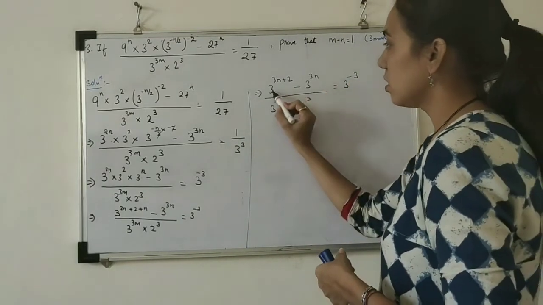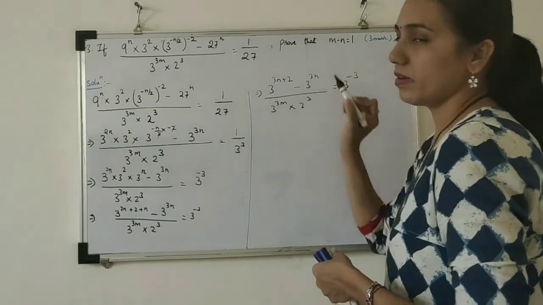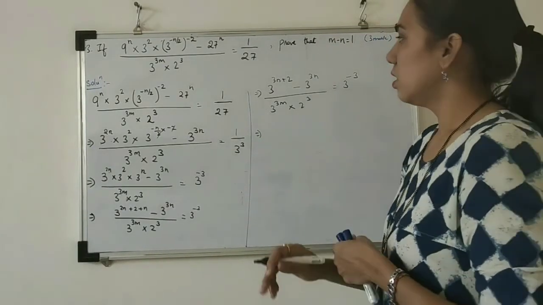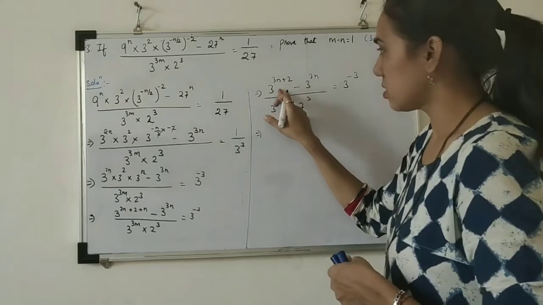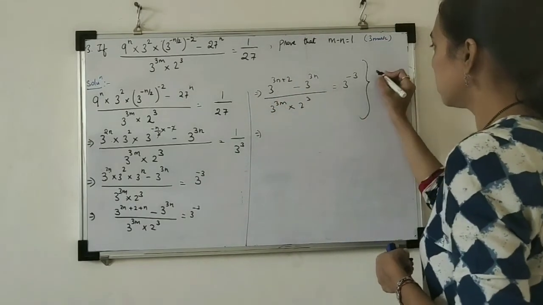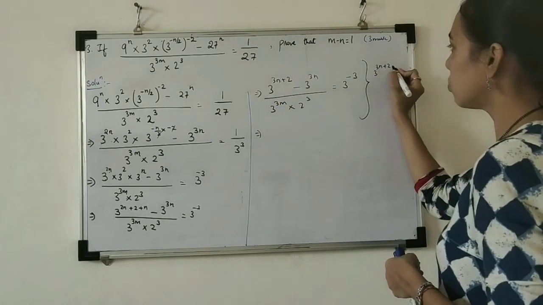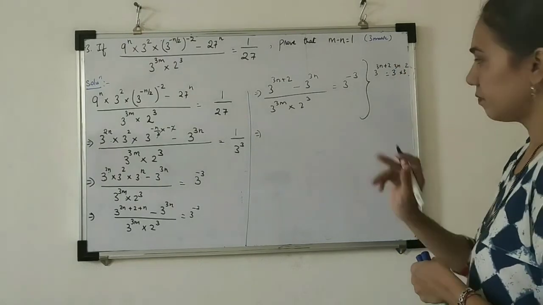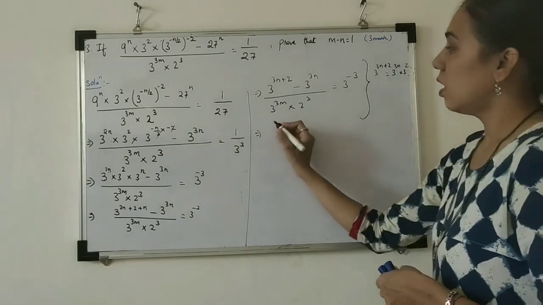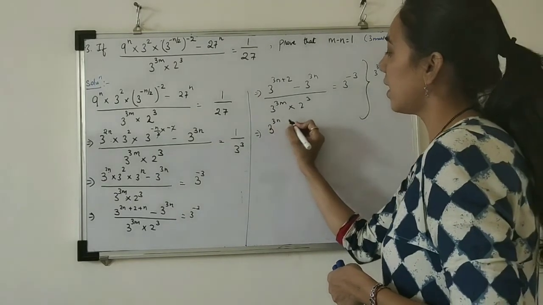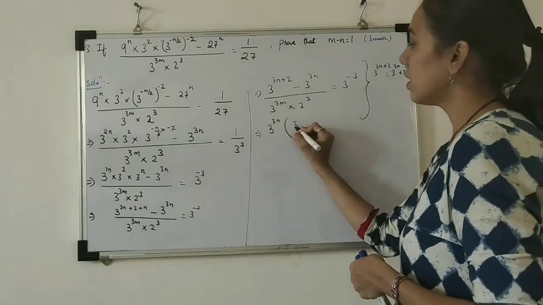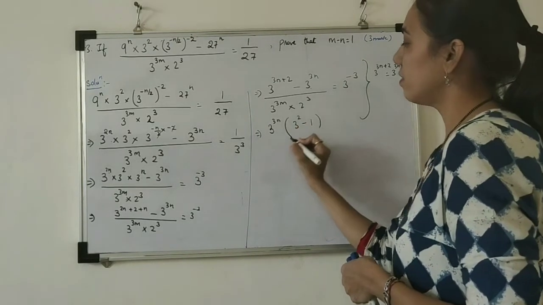If you see, 3 to the power 3n is common. If I want, I can write it like this. This 3 to the power 3n plus 2 is nothing but 3 to the power 3n into 3 square. So I can take 3 to the power 3n common, and 3 square minus 1 will be left inside.